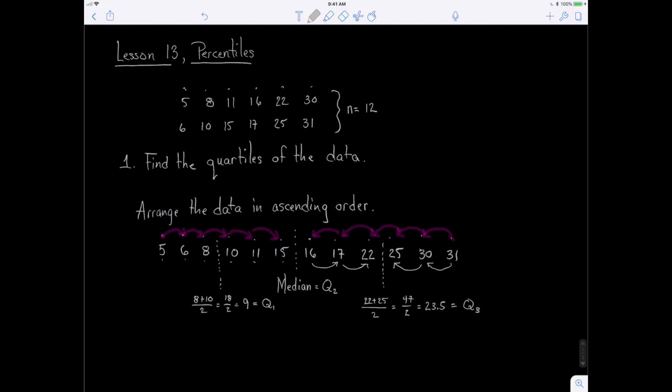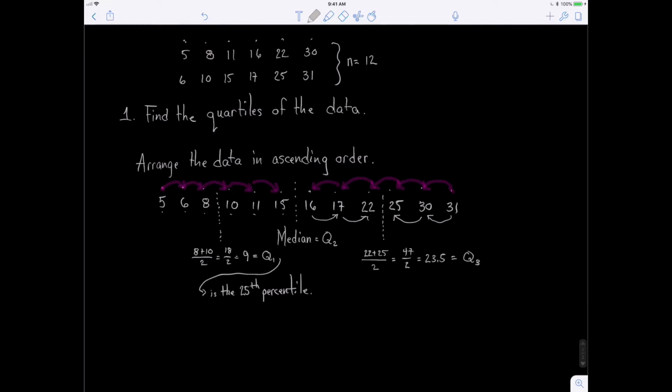Now, we addressed this, but we didn't spend much time on it. And here's the next idea. Q1, for example, is the 25th percentile. And what that means is this.